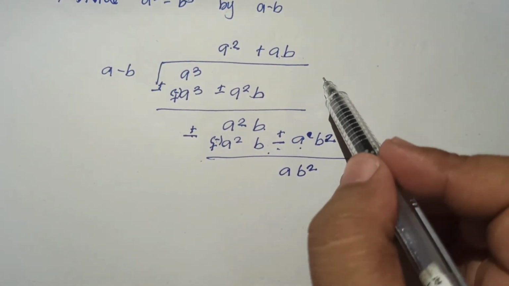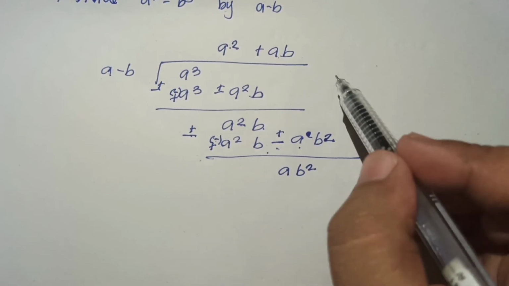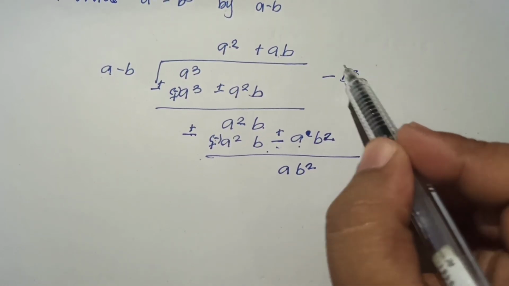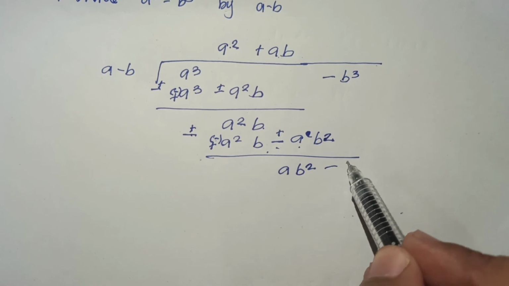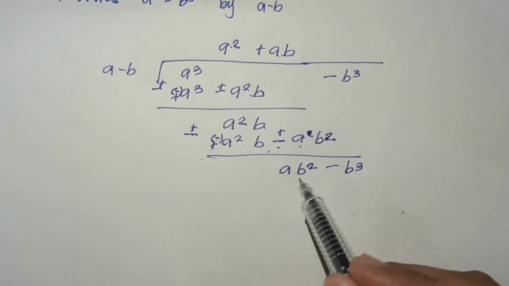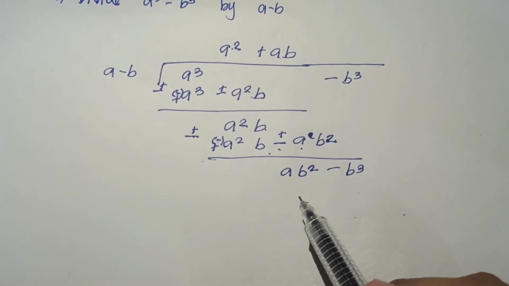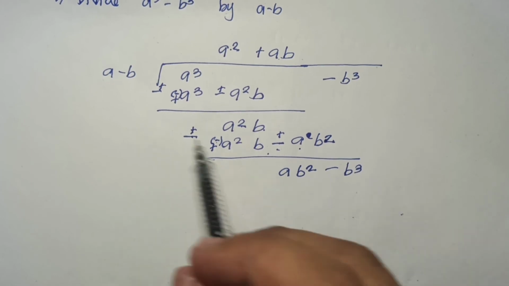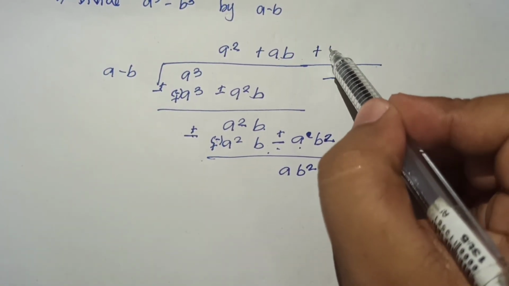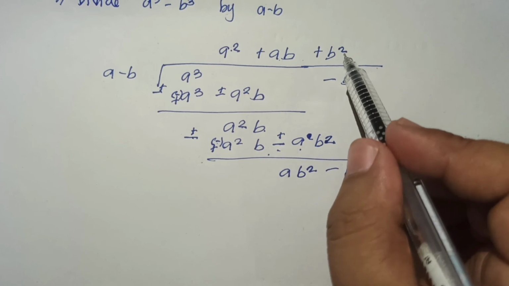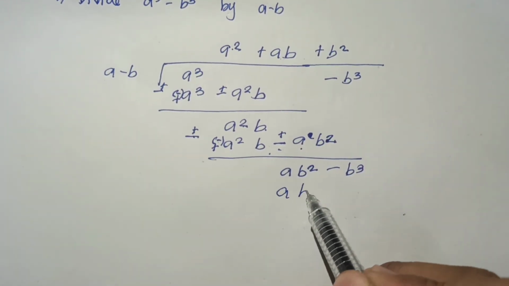Then since we have b squared, understood, the next term is b cubed. So you can now bring down here, because understood, it became b squared already. So a b squared divided by a, so plus b squared. So b squared times a, that is a b squared.